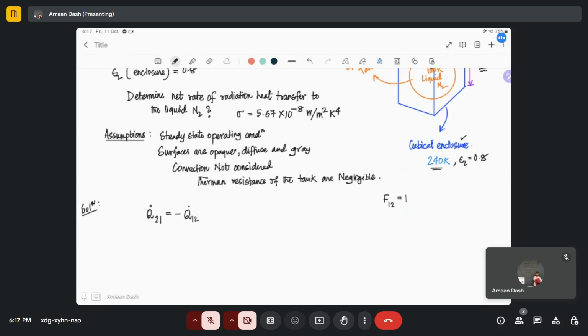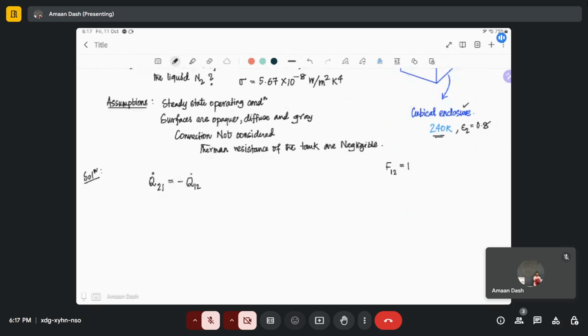So we have to find the net rate of radiation, that is q dot, from 2 to 1, that is to the liquid nitrogen, because liquid nitrogen is system 1.